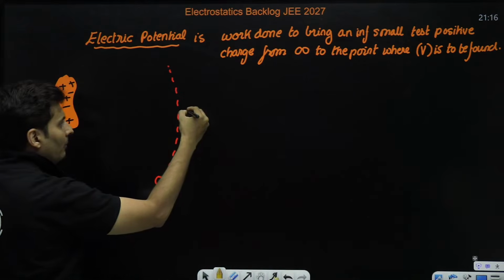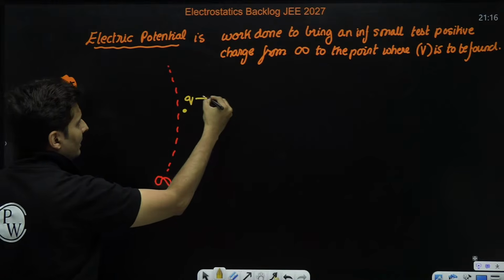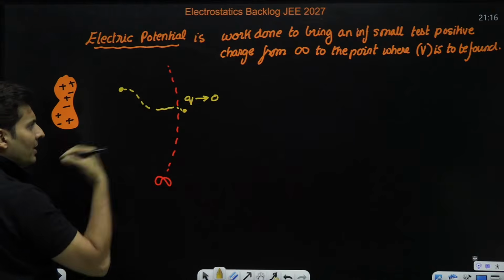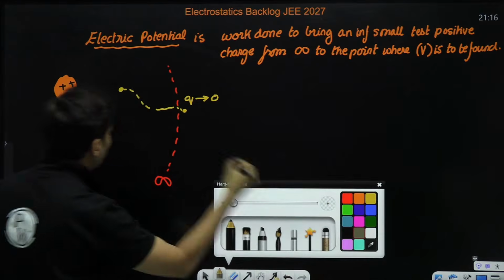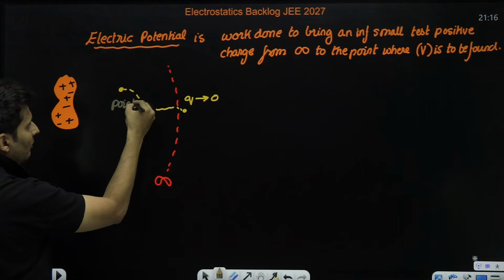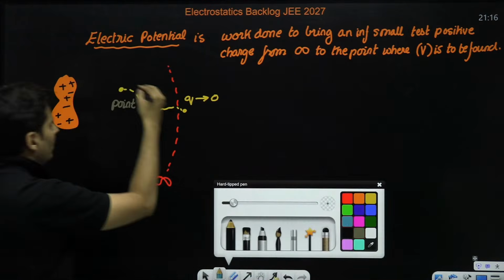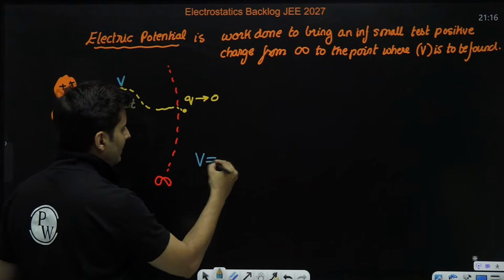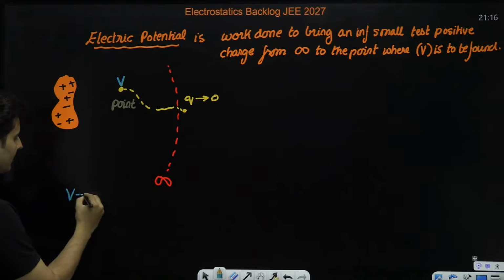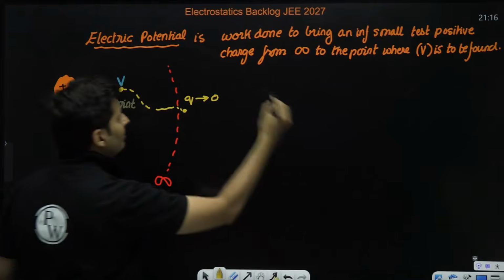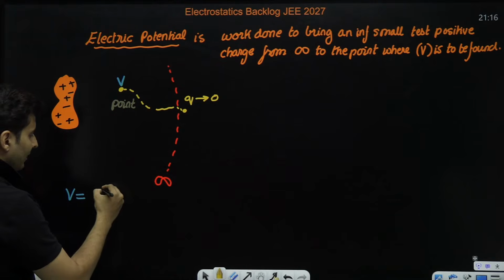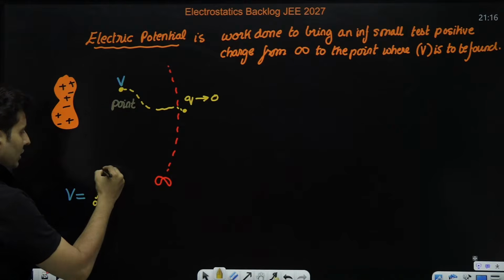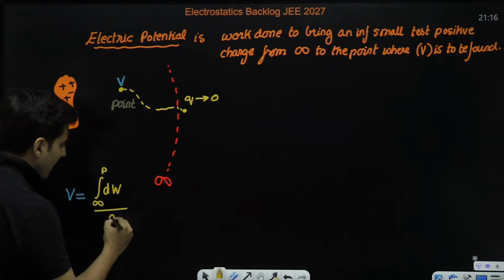You bring a small charge which is tending to 0 from infinity to a point where you want to find the potential. So this is the point where I want to find the potential, and the potential at that particular point is V. So that V is nothing but whatever work you did in bringing that charge, so work done in bringing the charge from infinity to that particular point divided by that small charge.